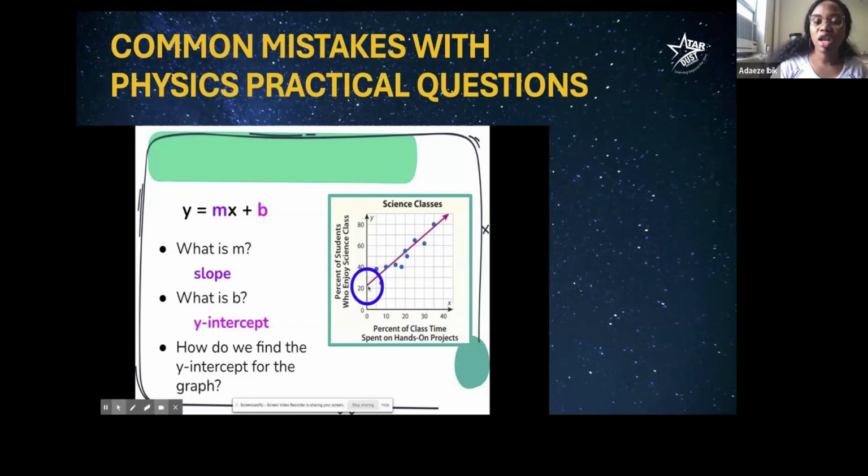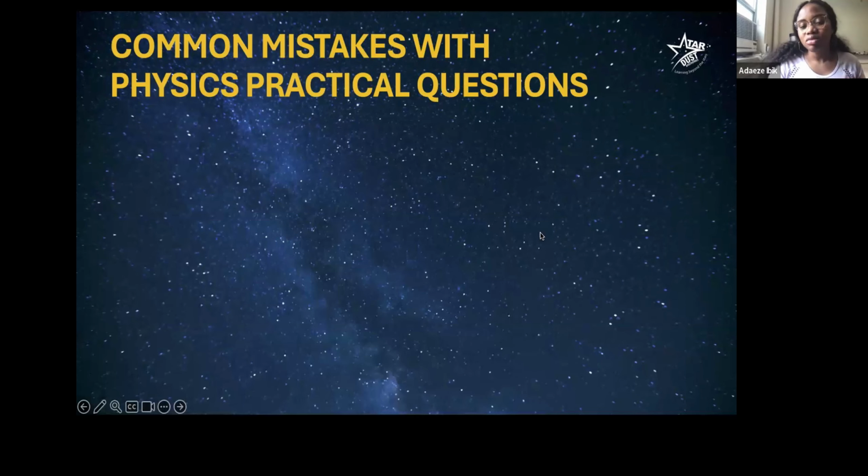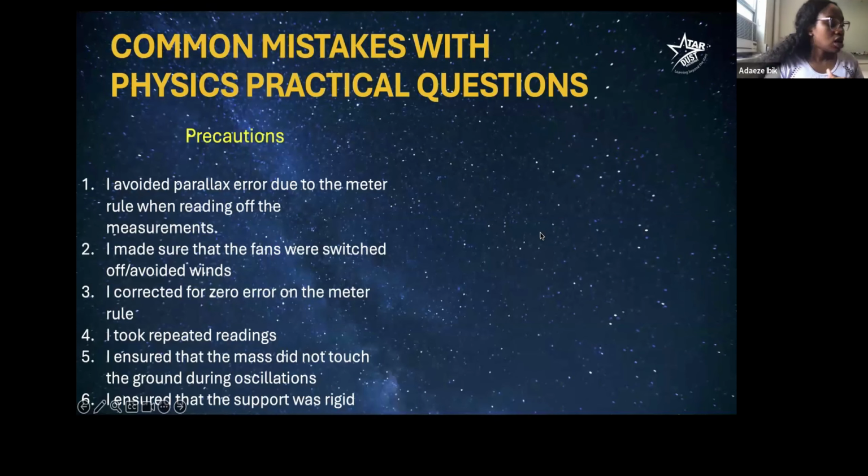So you should draw your line all the way to touch your axis, and where that line touches, that's your y-intercept. Sometimes you could be asked, so you should report that value with the unit, and in this case it should be your y unit. Your y-axis unit will be your unit. All right.